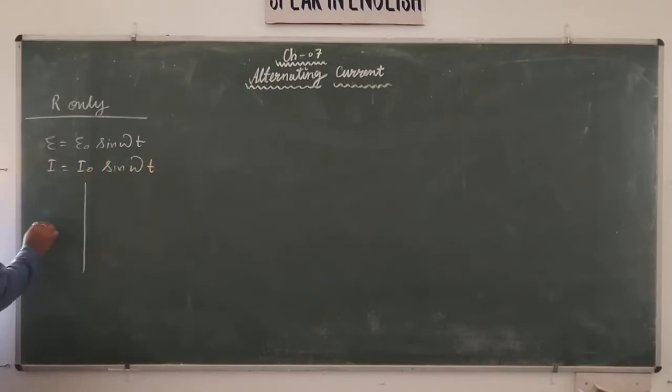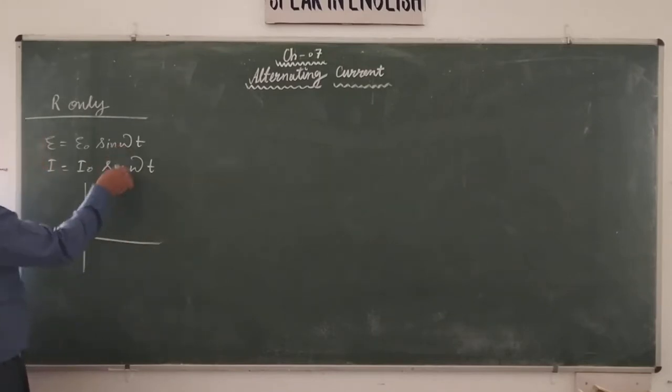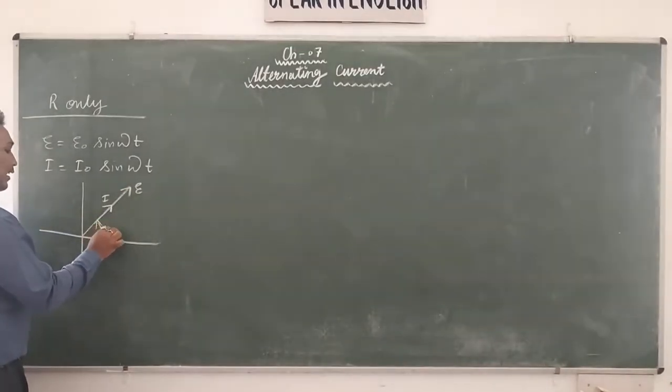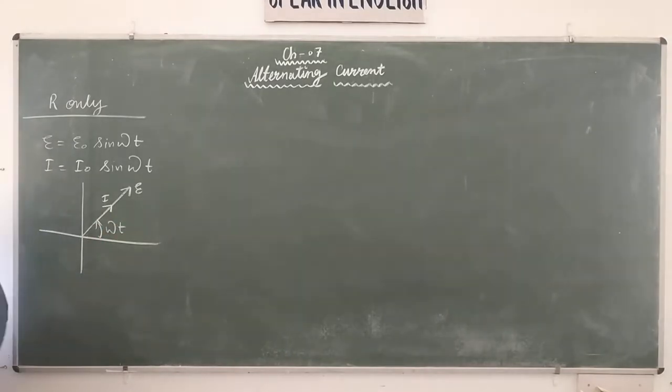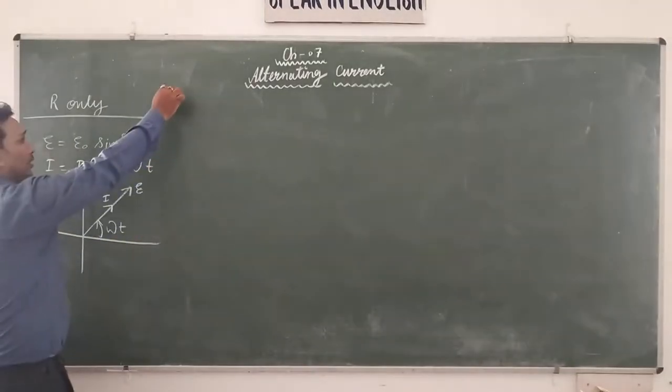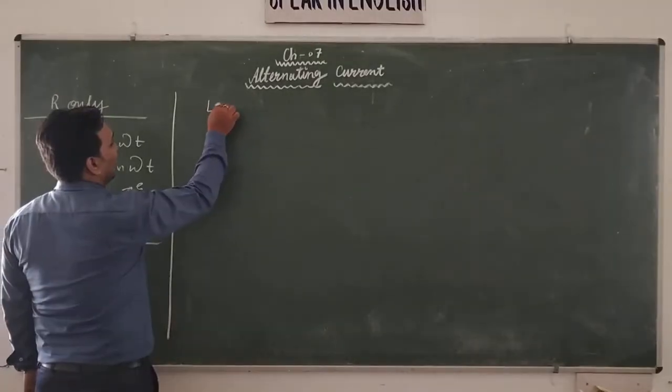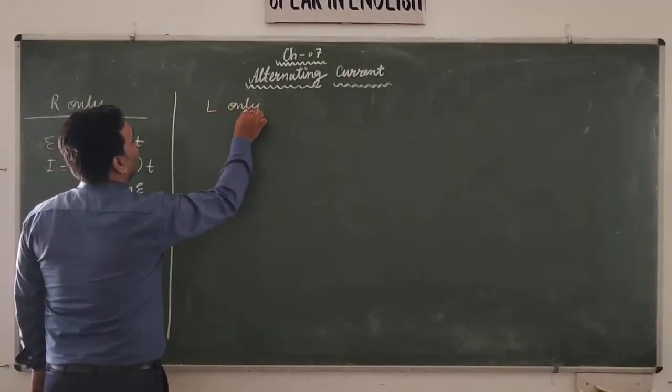When we talk about the phasor diagram, since both have same phases, it will have what? E and I at the same angle from the x-axis, and that angle is what? Omega t. Okay. Then the second circuit what we have studied, it was L only, inductor.